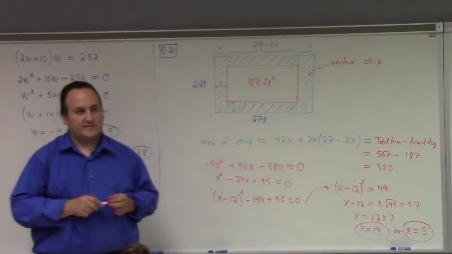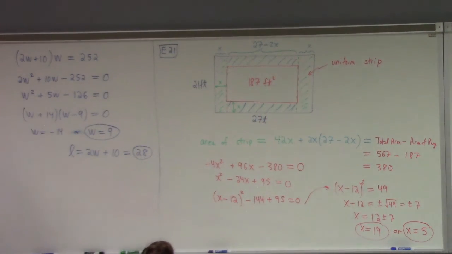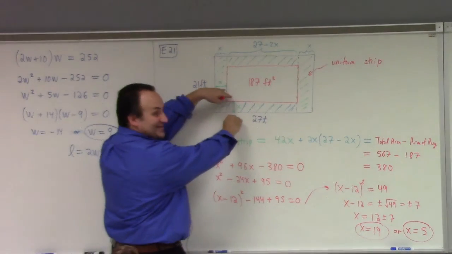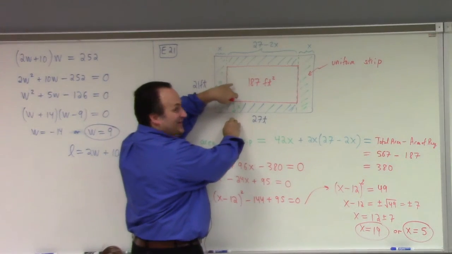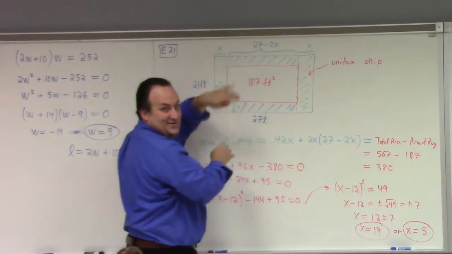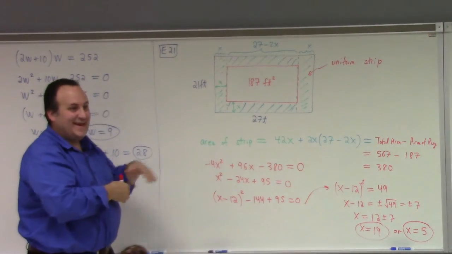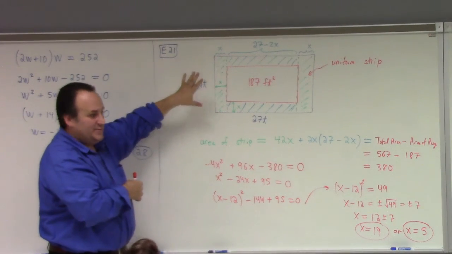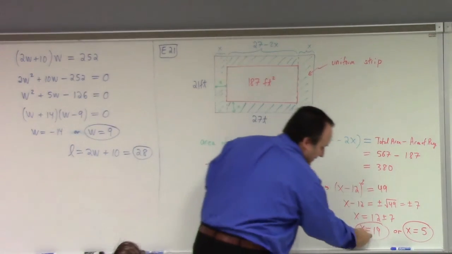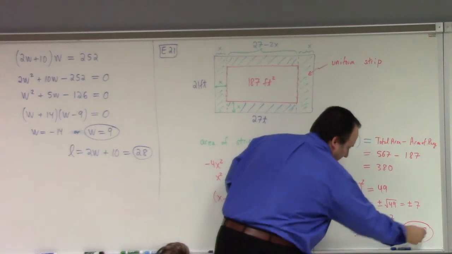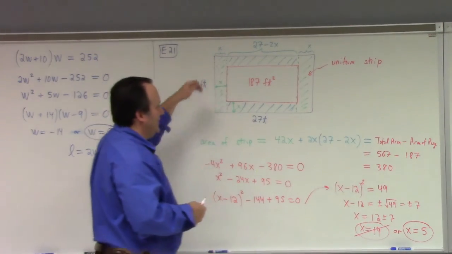Which one of these is correct? Think about it. If you're cutting off 19 feet here, and you're cutting off 19 feet here, can you do it? You can't do it, right? So this is an extraneous solution. 5, we want a strip of width 5.